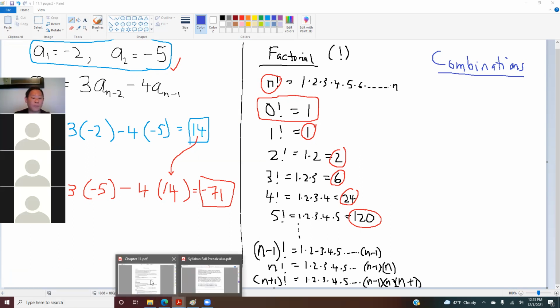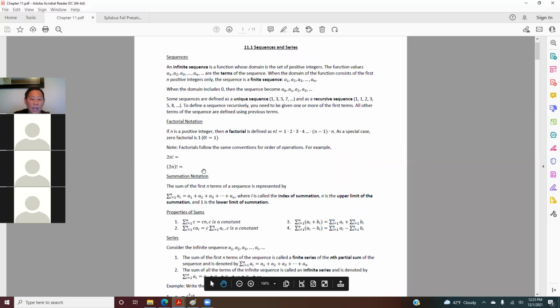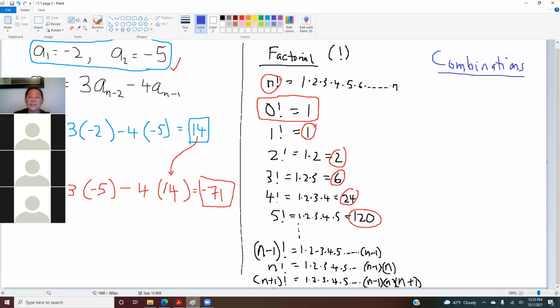The formula for combinations, they're all given in here. Oh, they don't have it over here actually. The combinations formula in this case is given by nCr, where it is n factorial over n minus r factorial times r factorial.